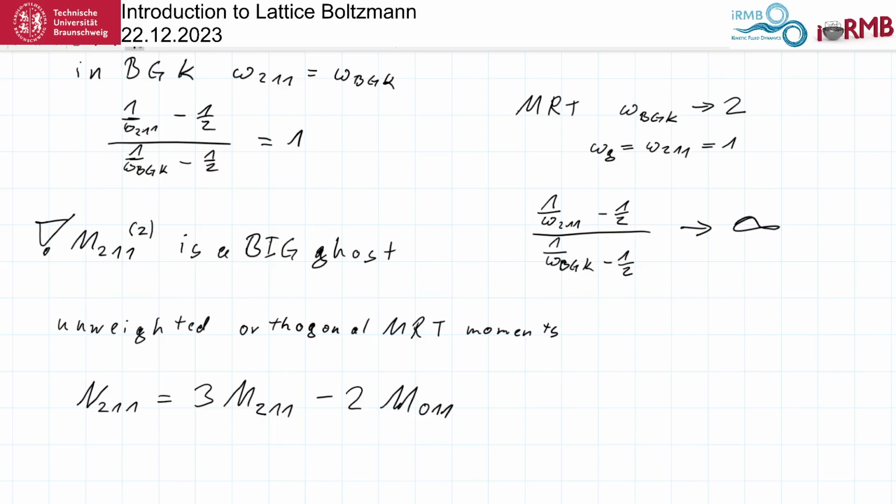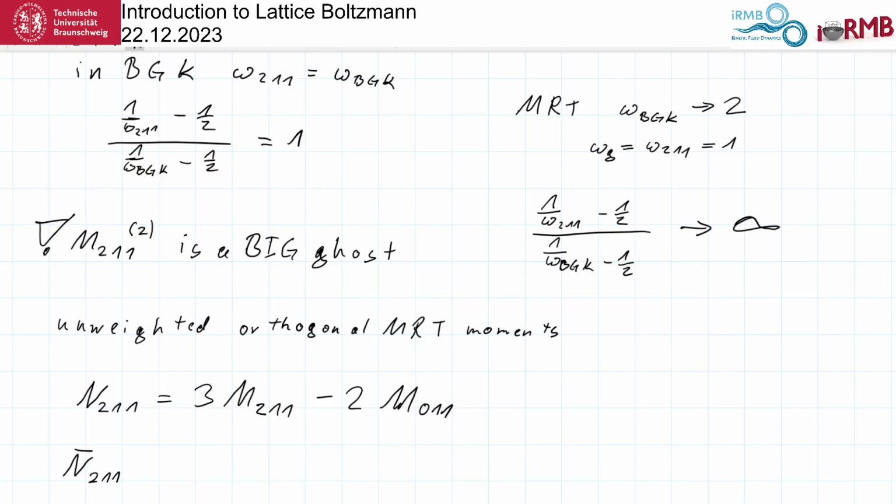So these are unweighted orthogonal moments on this D3Q27 lattice. We see there's a combination of the two moments we have just been talking about, and if this is a clever combination, actually they may cancel each other out. Let's see whether this is a clever combination as it was supposed to be.